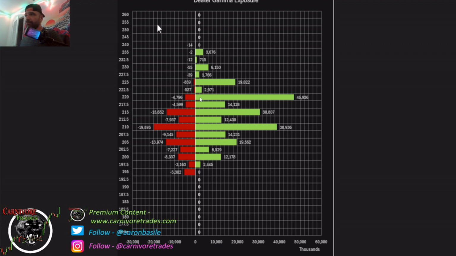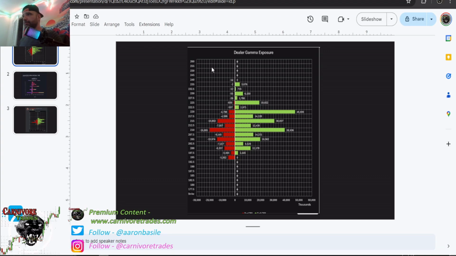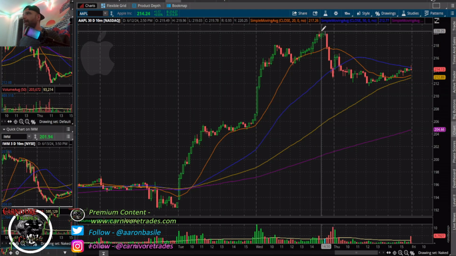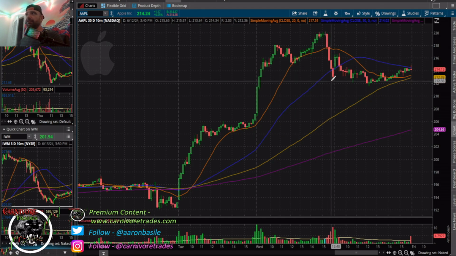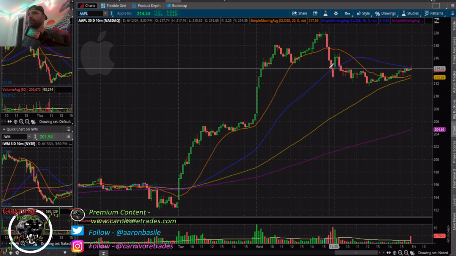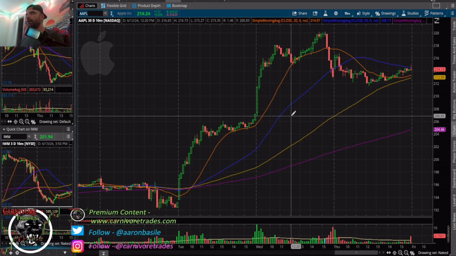This is 220 GEX for OPEX, which is next Friday. And where did price go to on Apple? High of the day, 220 and 20 cents. And did they ever knock that down off of that?